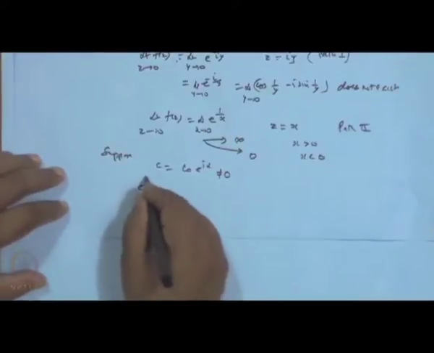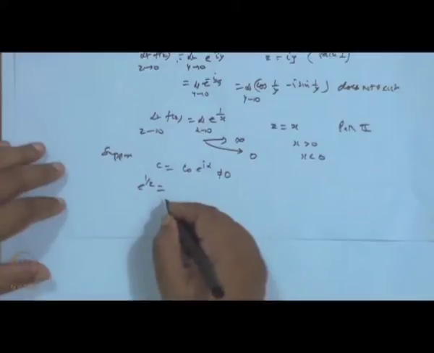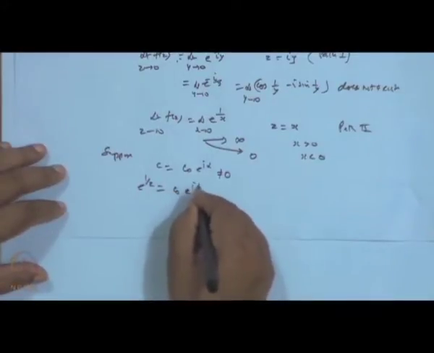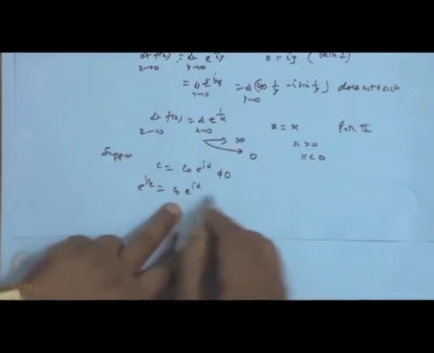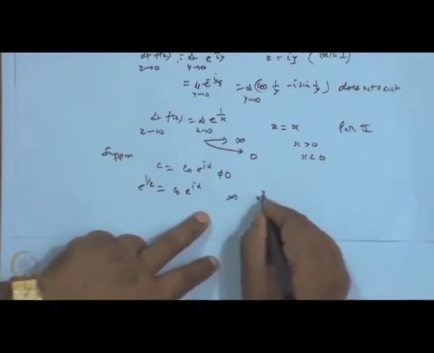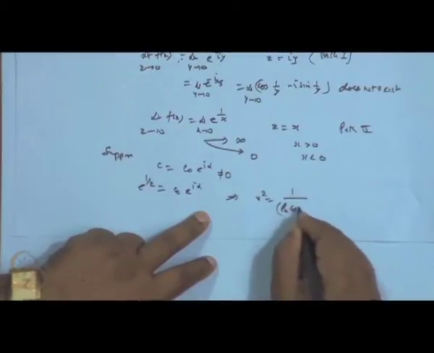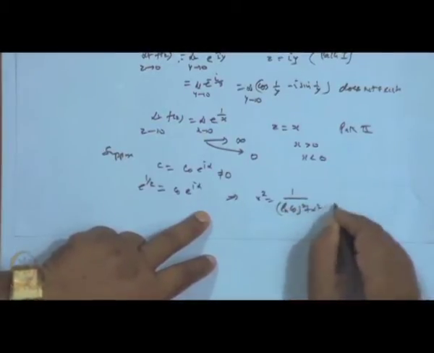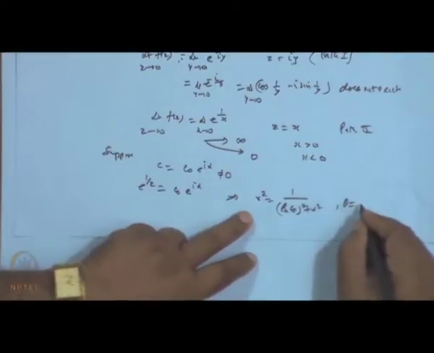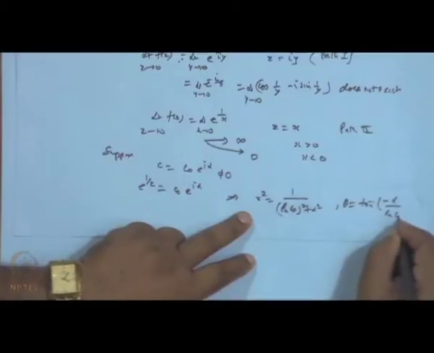Suppose e to the power 1 by z has this value c naught e to the power i alpha. If I compare and find x and y, we get r square equal to 1 by (ln c naught) square plus alpha square, and theta comes out to be tan inverse of minus alpha over ln c naught.